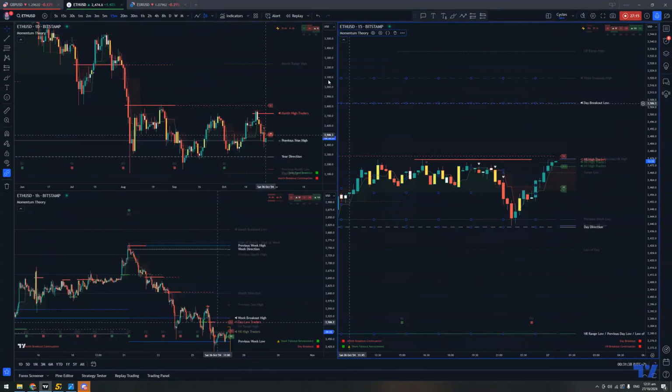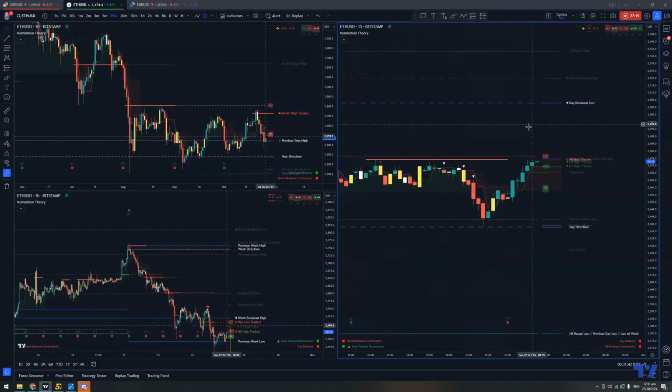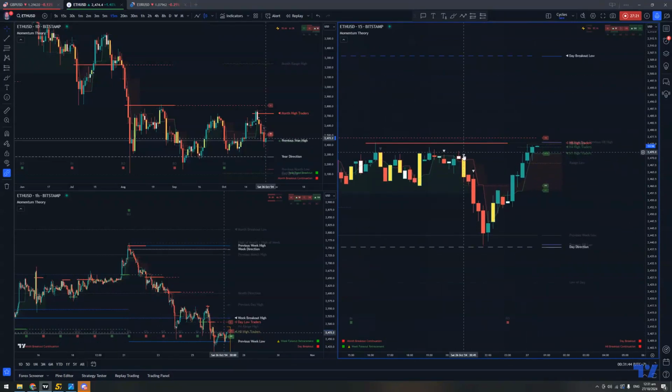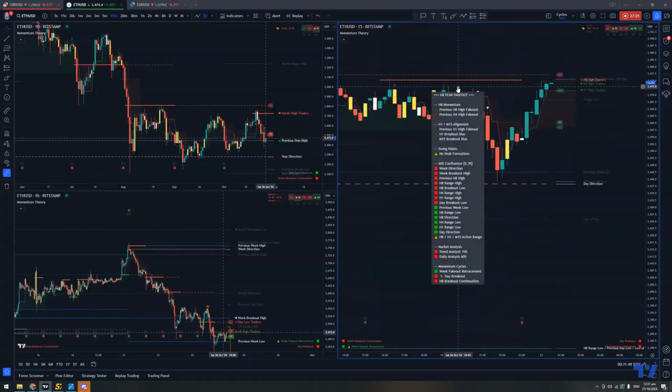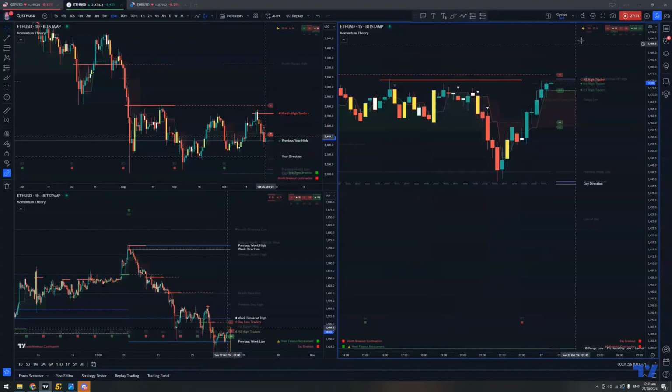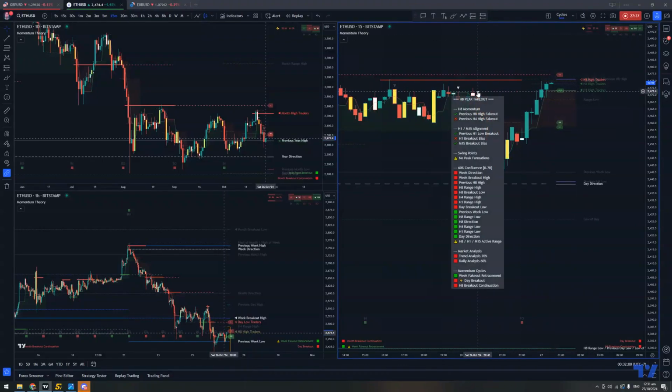I think that's all. I've gone through everything here. Oh, one more thing about the analysis one. If you hover over the triggers, it'll give you all the information. The momentum, which timeframes are aligned, swing points, and the confluence. So all this information that you get over here, it also will show up over here.